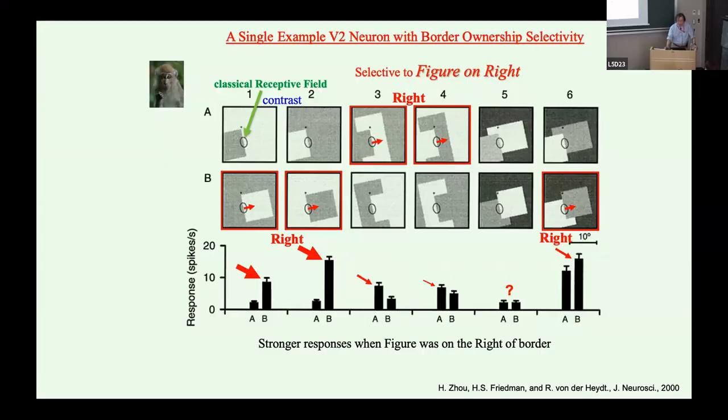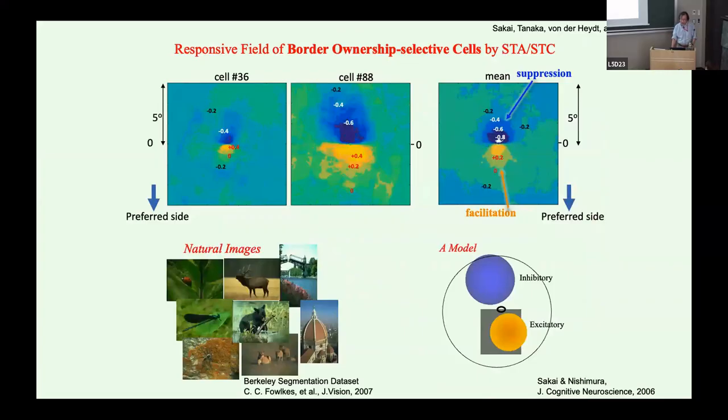And they showed that many neurons in V2 are selective to border ownership, or selective to contours. A later study also clarified the receptive field of these neurons. This shows the estimated receptive field of two example neurons and the mean across many neurons.